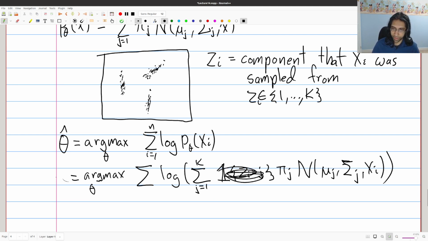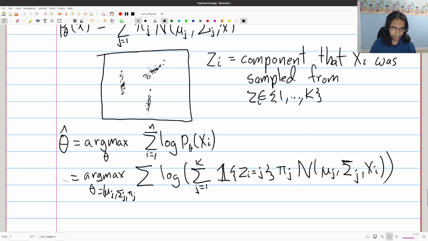If you ignore the indicator part, this is just the density of the Gaussian mixture model. But I'm saying, let's zero out the components from which we know the point was not sampled. Then we just optimize the resulting function with respect to the parameters theta, where theta is the set of parameters of the model: mu_j, sigma_j, pi_j. That gives you the optimization problem which you want to solve. So this would make it rather easy.